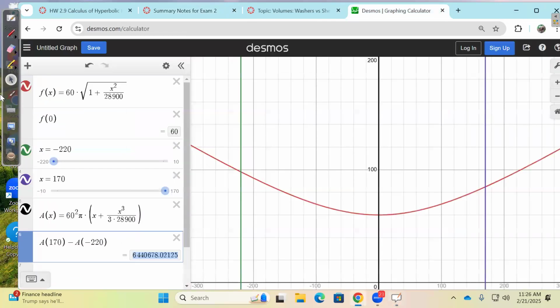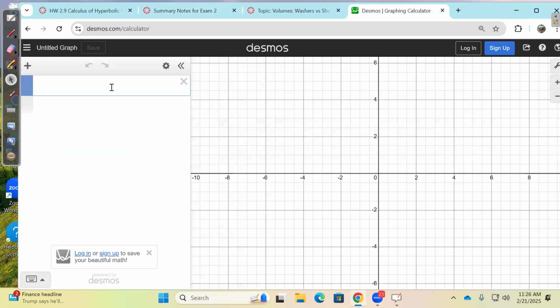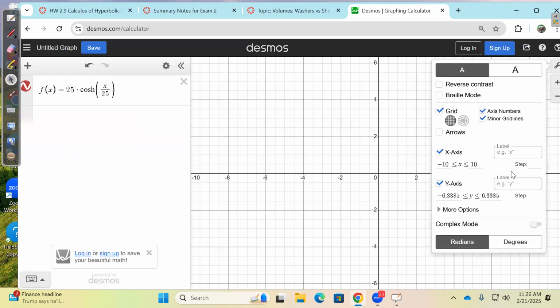All right. Reload Desmos here. I'm going to say f of x equals 25 times, and you can just type in Desmos, cosh x over 25. And I'm going to adjust the window to see that. My x needs to go up a bit higher.